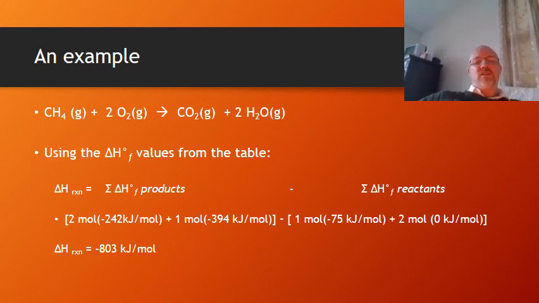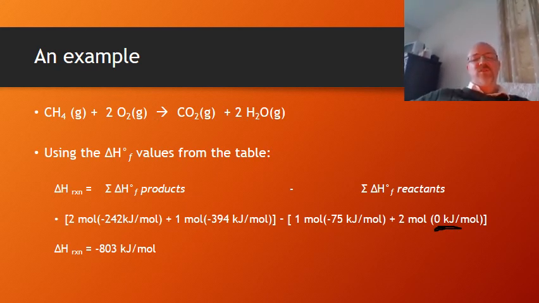The carbon dioxide table value is negative 394, and there's only 1 mole of that. So there's the sum of all of the product energy to build the products from scratch, and then in this other set of brackets we have the energy it takes to build methane basically from scratch, because oxygen is a pure element in its standard state, so its delta HF is 0.